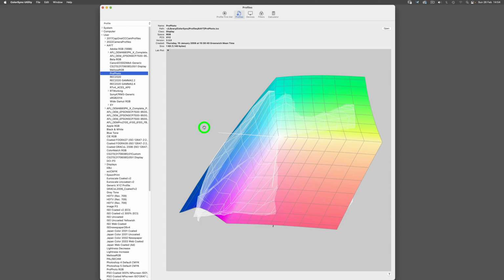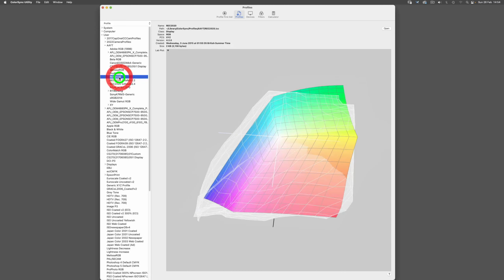If you're in Darktable, Darktable by default uses Rec 2020, and if I switch over to Rec 2020, you will see that it is a lot smaller than ProPhoto. Therefore, it clips out a lot more of your camera's captured colours.